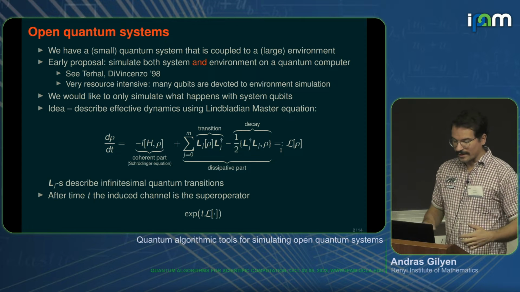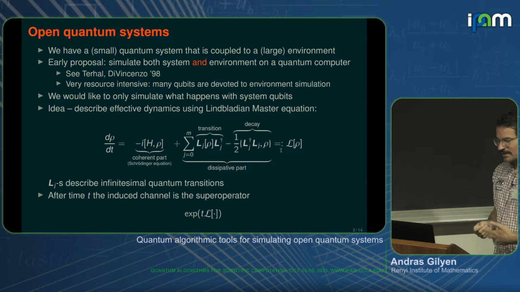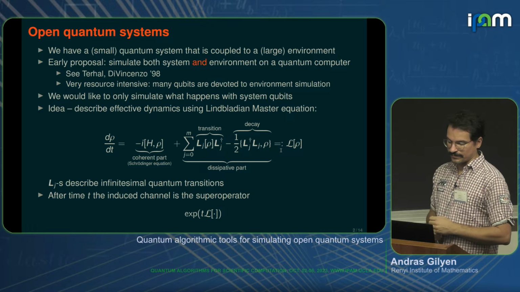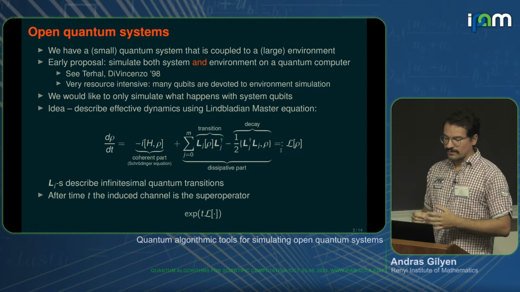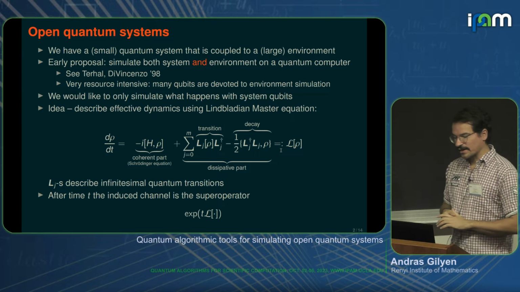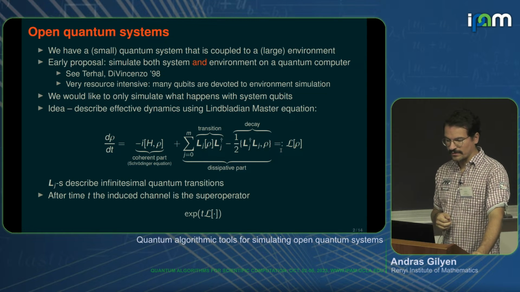And it's a linear differential equation. So how do you solve that? You just exponentiate the operator which appears in this linear system. That is the Lindbladian. So you exponentiate the super operator, and you get the time evolution for a time interval t. So this is how you can effectively describe the evolution of your system in this open system picture.